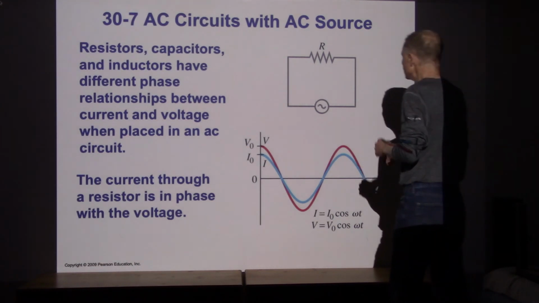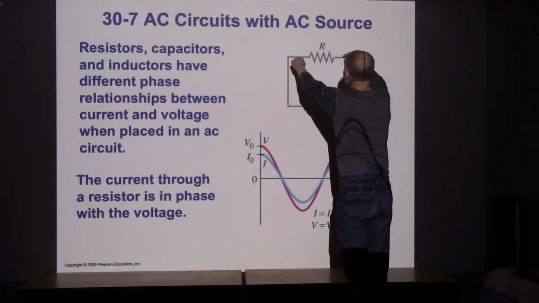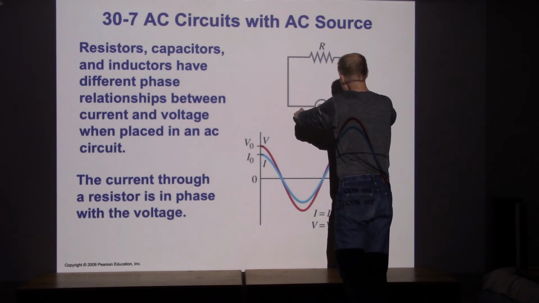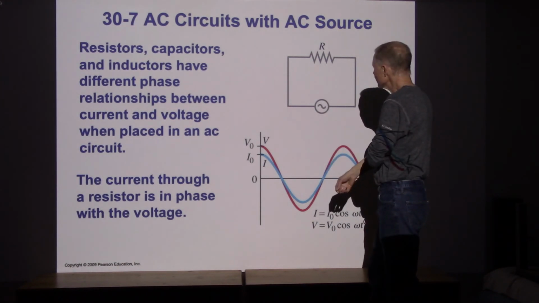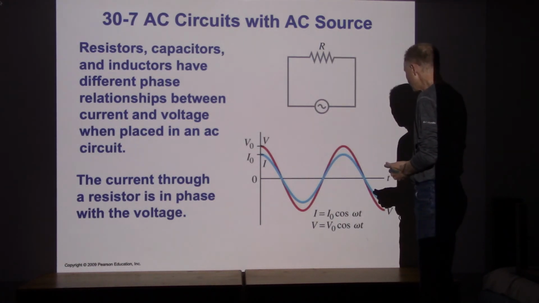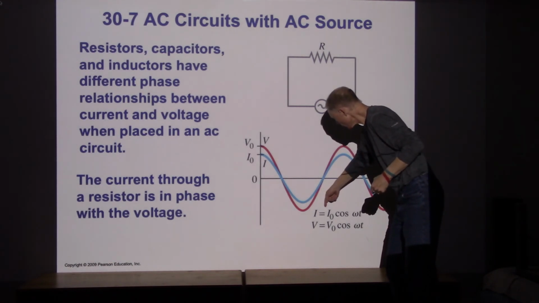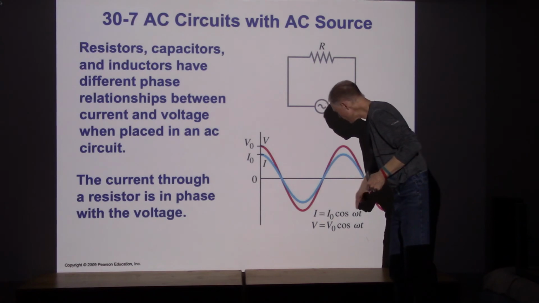If I get a voltmeter out and measure the voltage across the resistor, it's the same thing as the voltage across the power supply. For the simplest way to present this, we're going to start off with the current in the circuit.